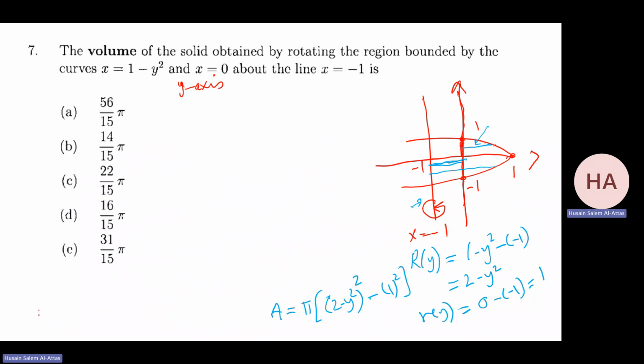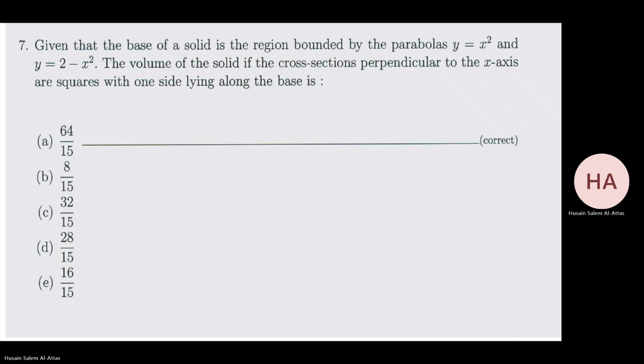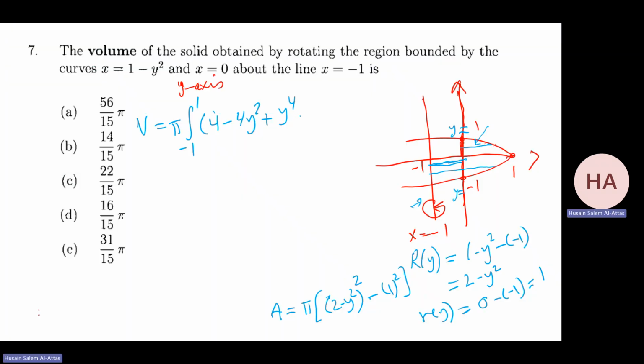And the limits of integration are what? This is y equals minus 1, and this is y equals 1. So the limits of integration are from minus 1 to 1 of pi times 2 minus y squared, squared, which is 4 minus 4y squared plus y to the power 4, minus 1 dy.